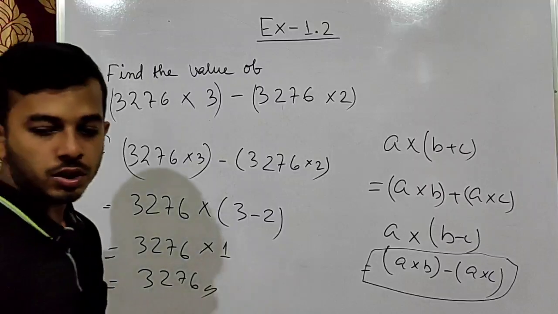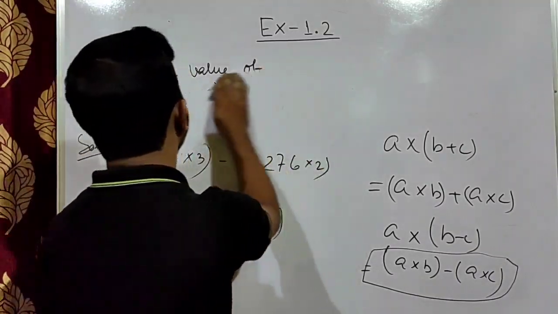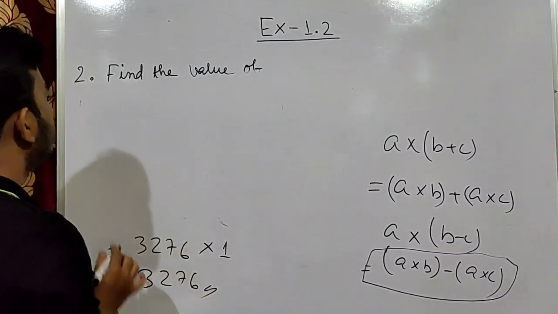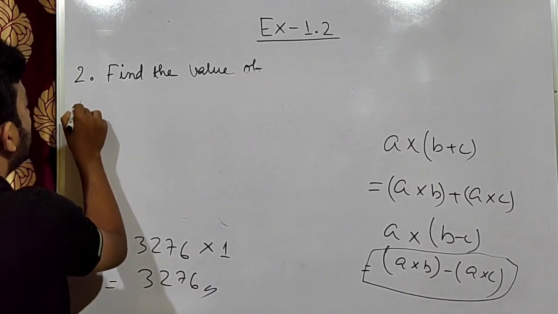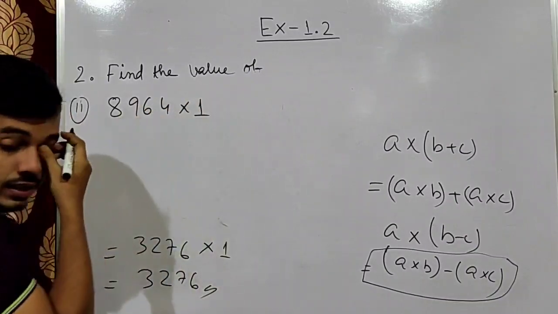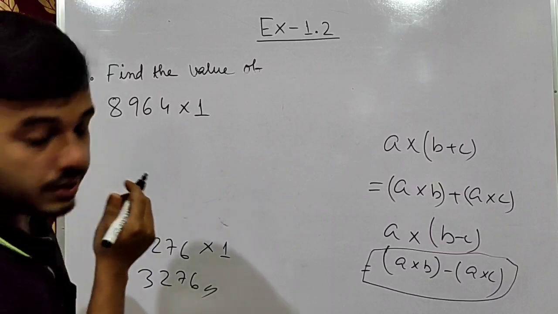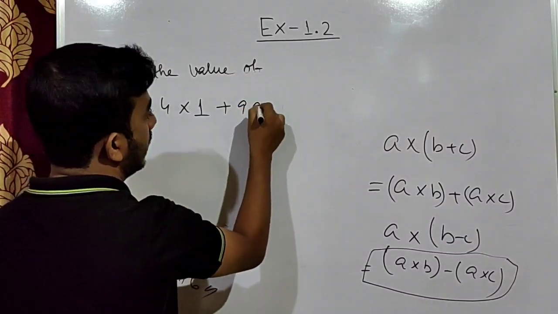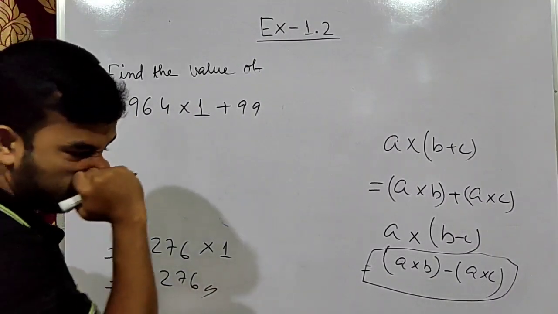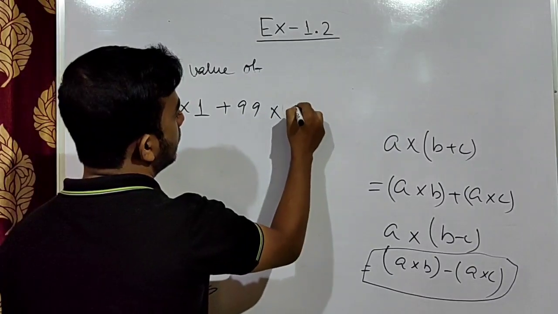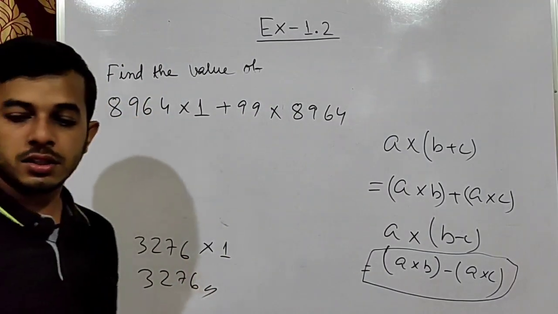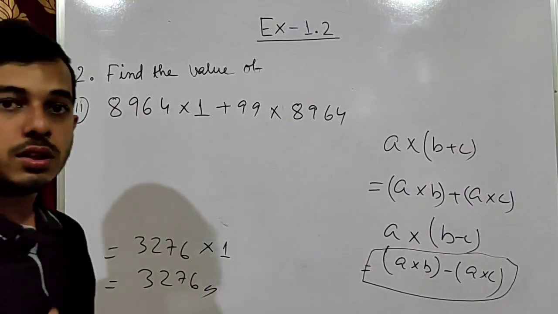8964 into 1, plus 99 into 8964. Okay, I am looking that in the questions in your book there is no bracket, right?